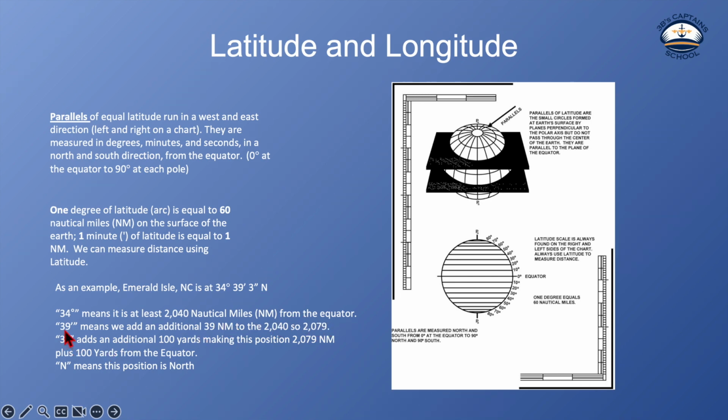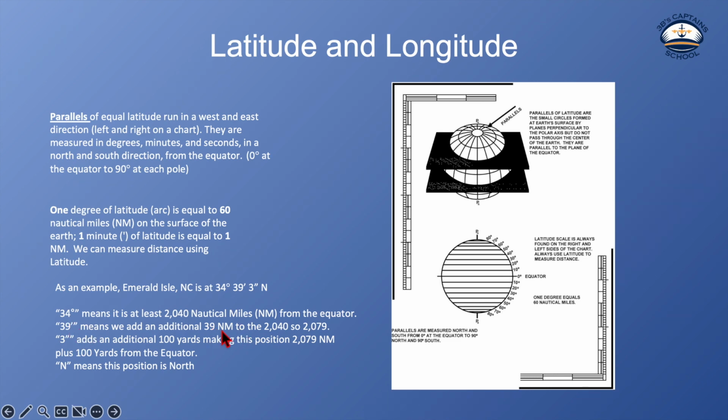The 39 minutes means we add an additional 39 nautical miles. So when we're talking about latitude, every minute of latitude equals 1 nautical mile. Every 60 nautical miles or minutes, because they're equal, of latitude equals 1 degree.